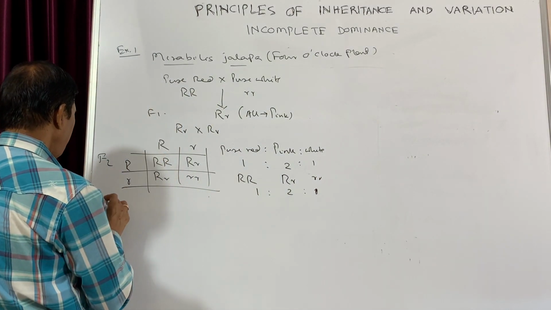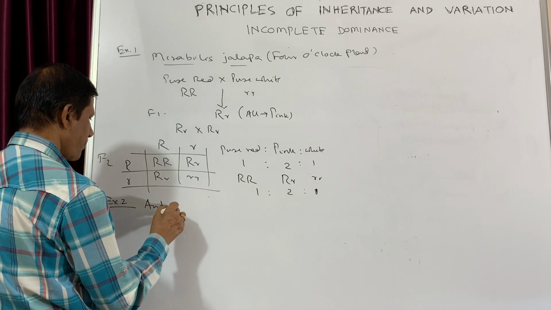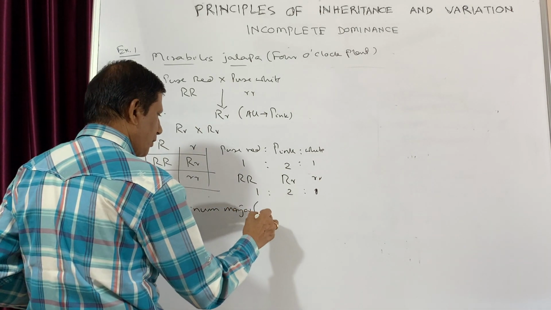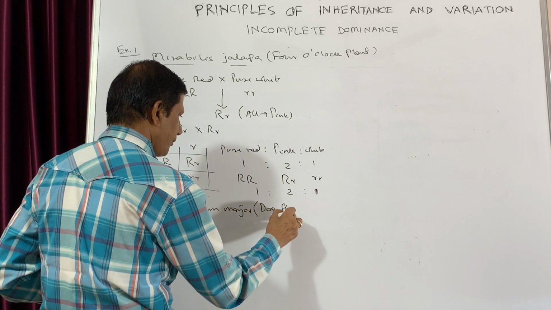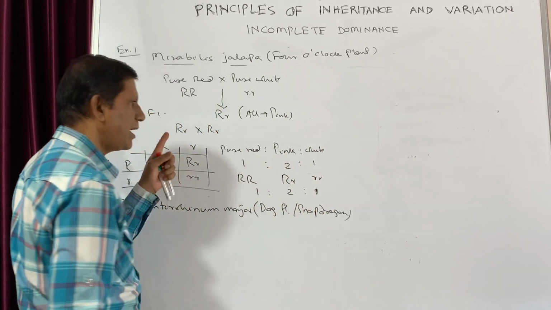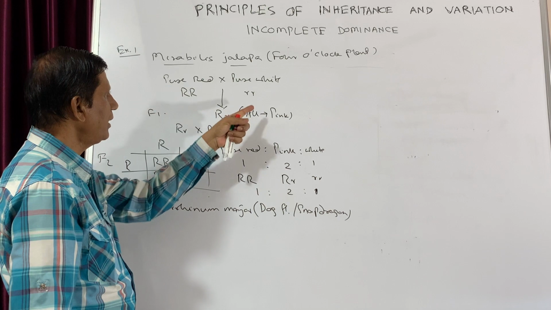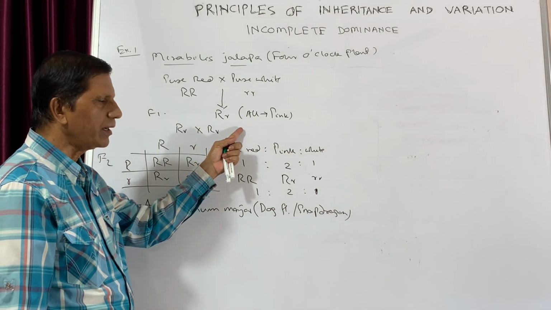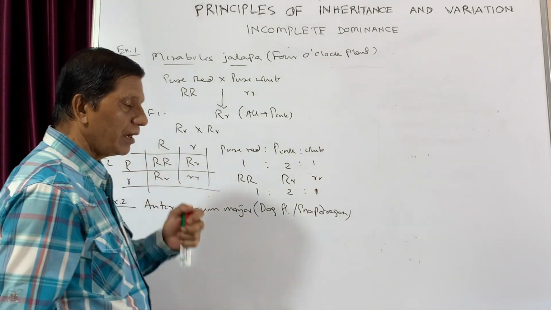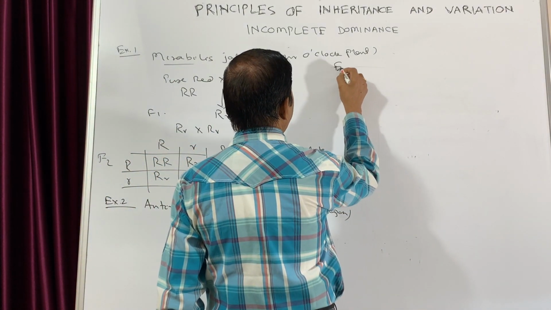Now in the same way, the second example is Antirrhinum majus, which is also known as dog flower or snapdragon. When you cross red and white, the F1 hybrid will be pink, and again in the F2 generation the same result comes. No problem. Now let us take the example from Andalusian fowls. Example number 3.